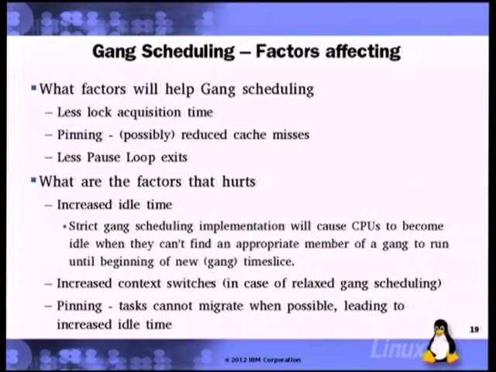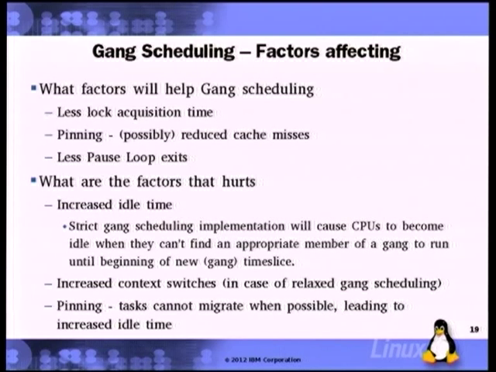Moving on to the factors that will benefit gang scheduling. What we saw earlier was lock acquisition time, where we saw Kernbench spending a lot of time doing lock acquisitions. Next is pinning.